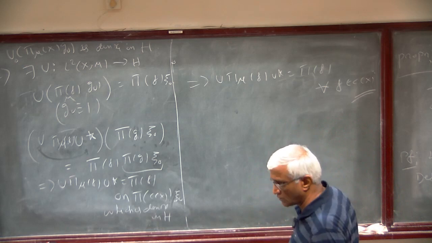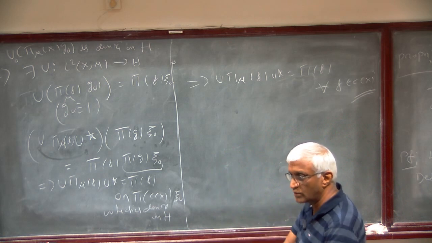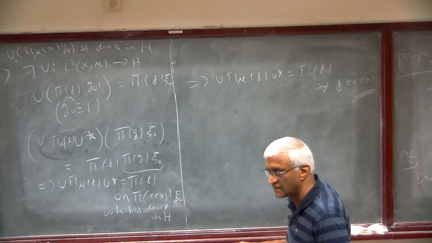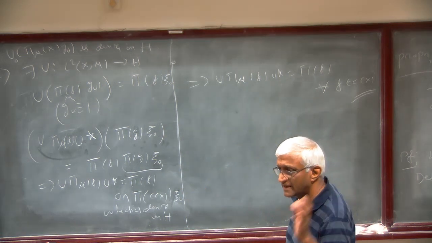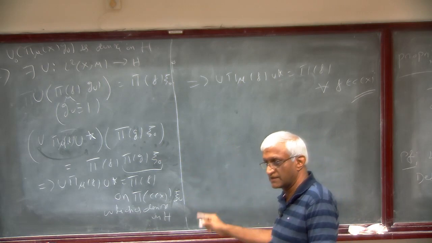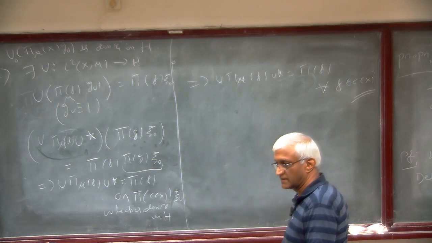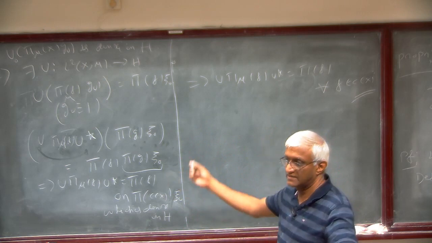By Zorn's lemma, we will deduce that any representation can be written as a countable direct sum of cyclic representations. That is a direct application of Zorn's lemma. And any cyclic representation is given by a multiplication, so it will be a direct sum over countably many measures.